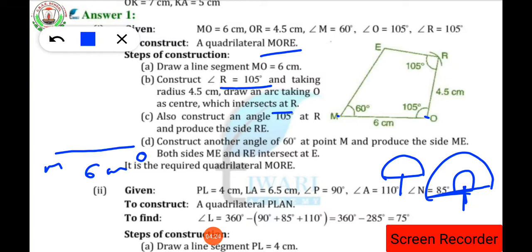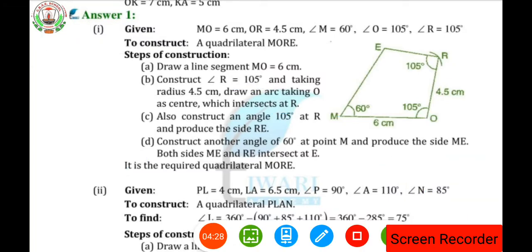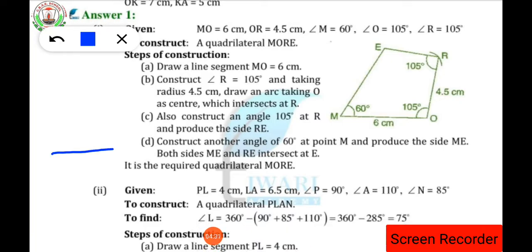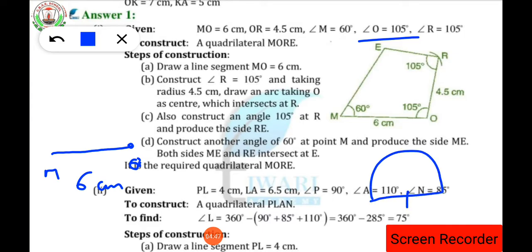So this center of the protractor you have to keep at O. Suppose this one is your straight line MO of how much centimeter? 6 centimeter. Clear? Now this is O where you have to mark angle O as 105 degree. So keeping the protractor center at point O, measure 105 degree, that is coming here.